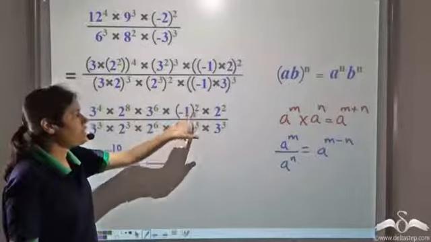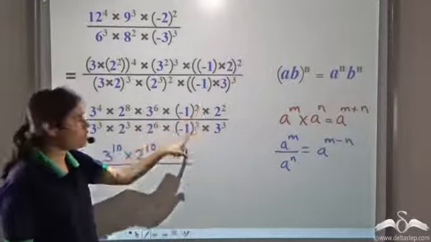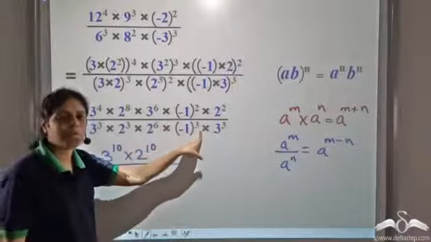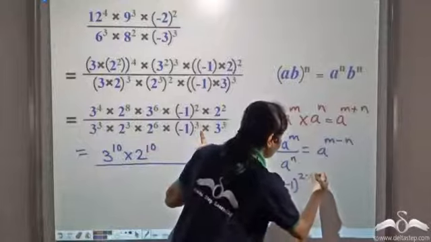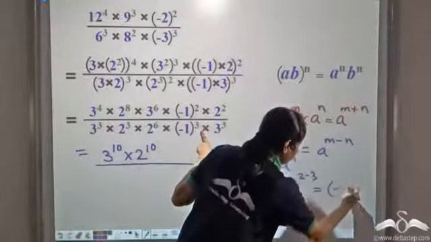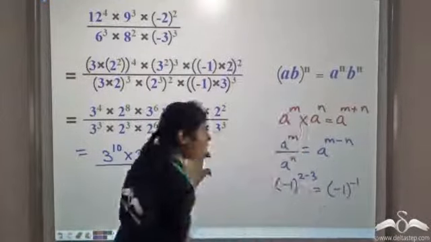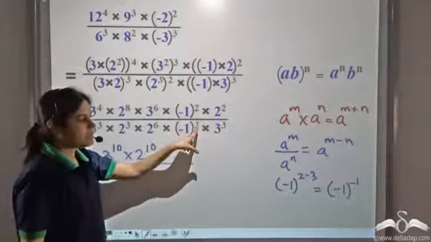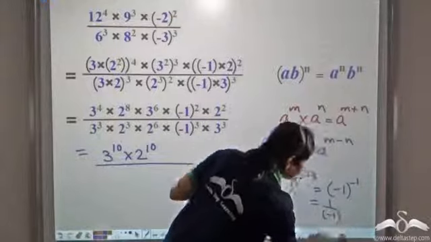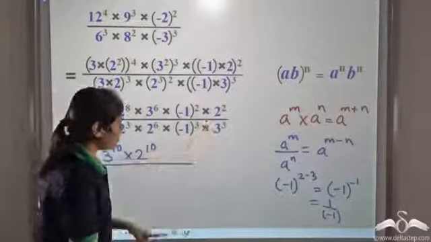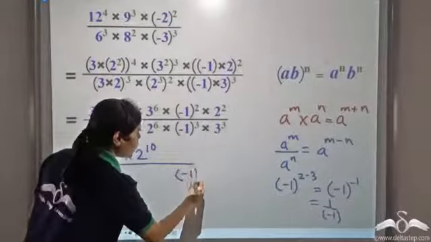So negative 1 to the power 2 divided by negative 1 to the power 3 can be written as negative 1 to the power 2 minus 3. That is negative 1 to the power negative 1. This means this is 1 divided by negative 1. So we have a negative 1 in the denominator.